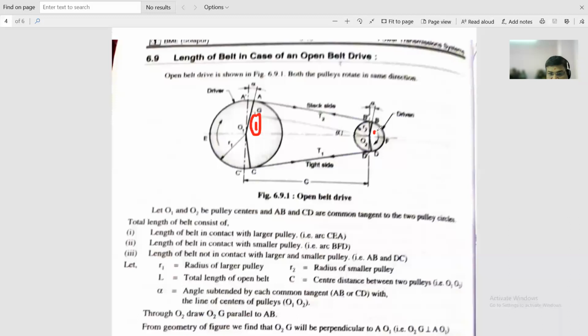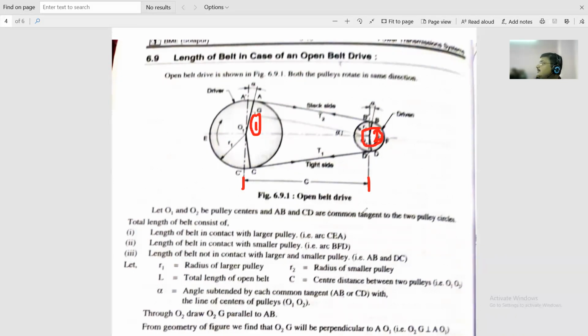This is pulley number 2. And the distance between their centers is nothing but C. Okay, pi is constant. What do you mean by R1? Radius of what? Radius of the first pulley, the driver pulley.